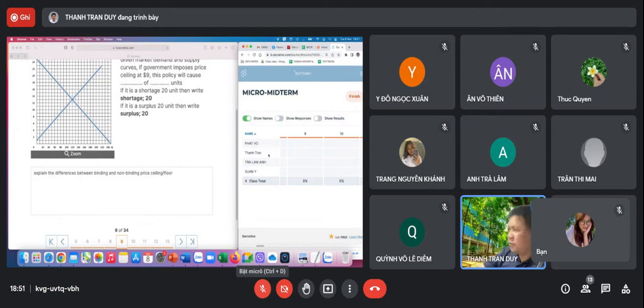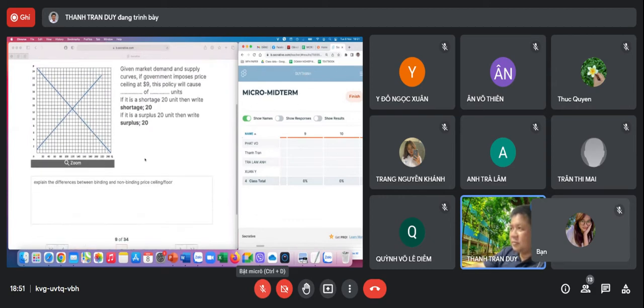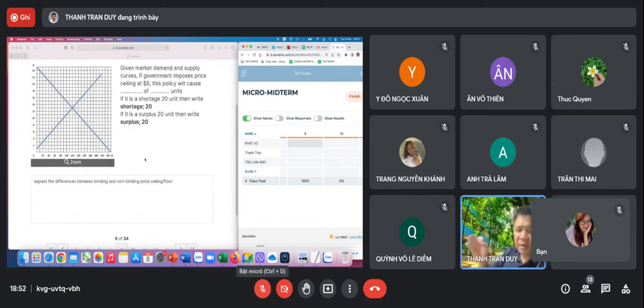Make sure that all of you log in to Socrative, room name Duy Thanh, and you can do it. Do not look at my solution, because if you just look at my solution, it's not interesting, because it's very simple. As long as you do it by yourself, you will understand much better.